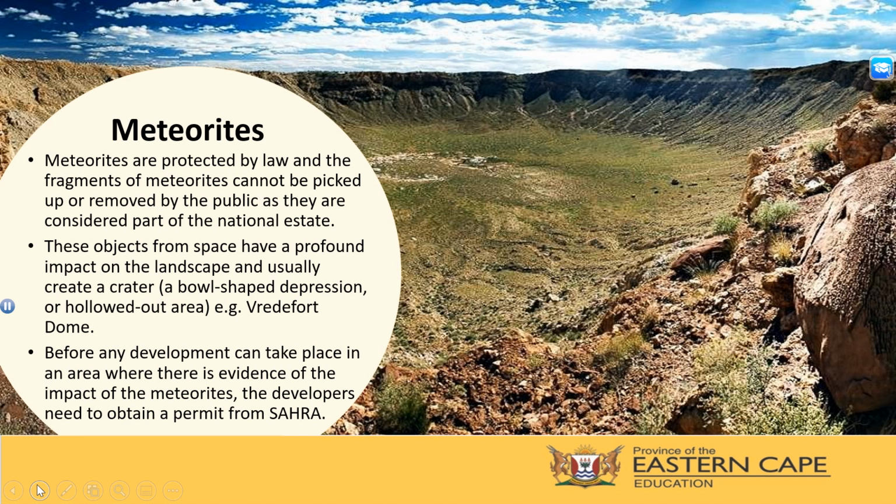Before any development can take place in an area where there is evidence of a meteorite having hit the Earth, anybody who wants to do a development or make any changes there, as I've said already on numerous occasions during this presentation, must obtain a valid permit from the South African Heritage Resources Agency, and may also only begin to make any developments or changes once that valid permit has been issued.